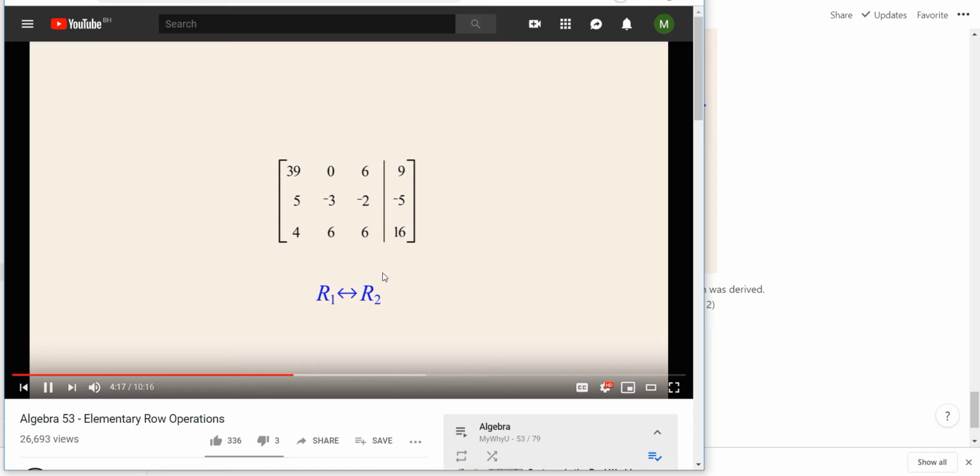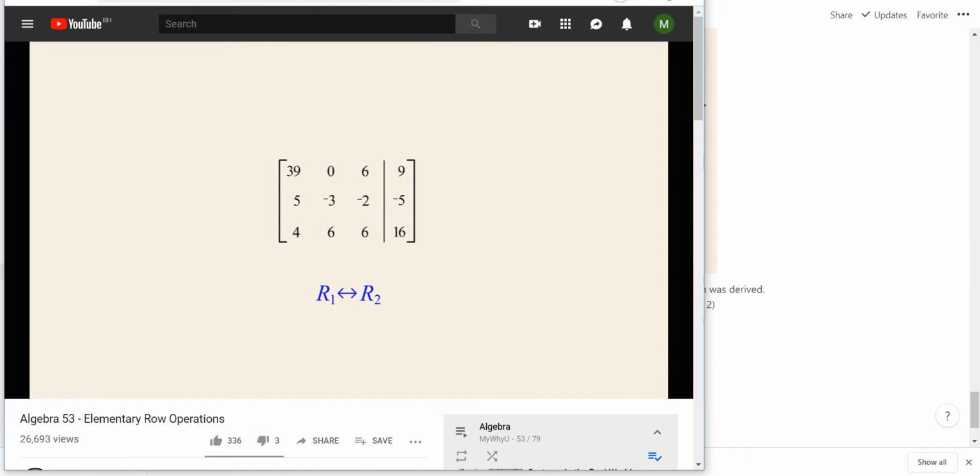Since we also swapped rows 1 and 3 and rows 2 and 3, we want to note that we had performed these swap operations as well.